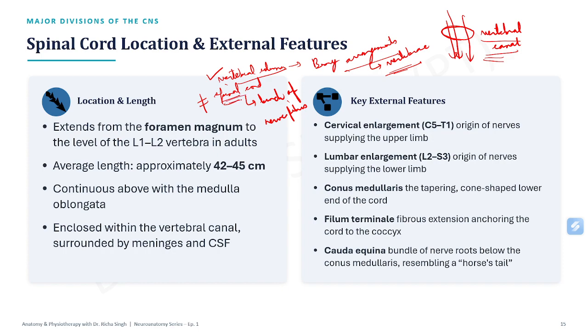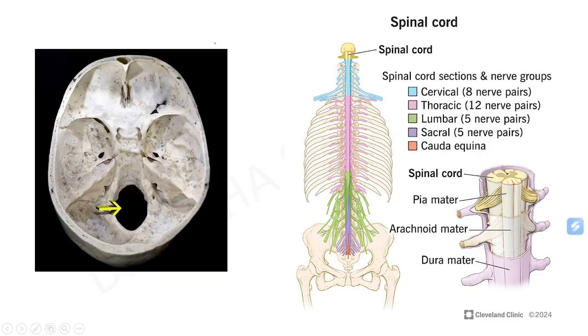The spinal cord extends from the foramen magnum. Now, what is foramen magnum? If you can see this diagram on the left, this particular structure that you can see is the skull, or more exactly, it's the skull base. This skull base is covered from the top by the skull cap.